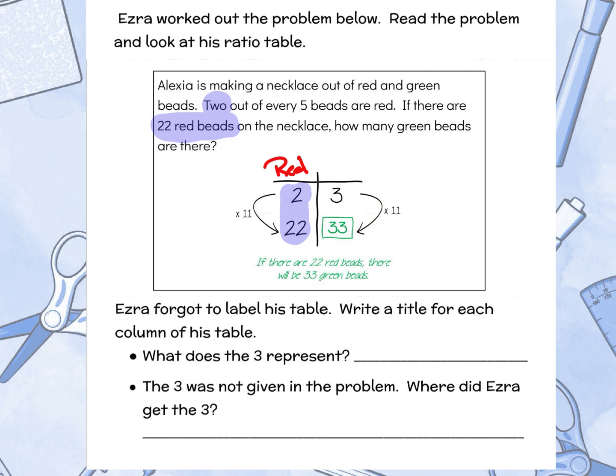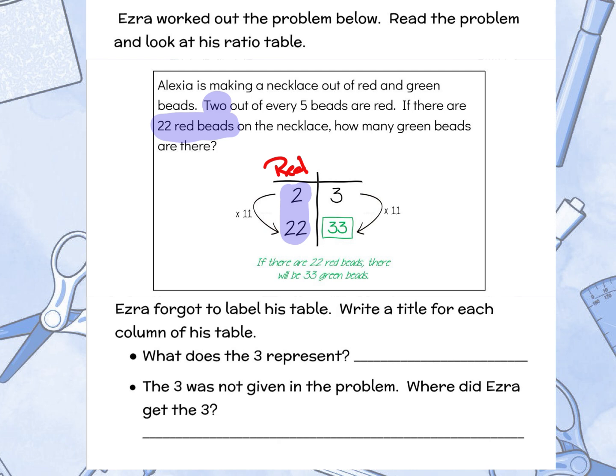Okay, now let's look at the other numbers. We have 3 and 33. Where did the 3 come from? What is 3 describing? And what is 33 describing? Okay, we don't see the 33 in the problem, right? Because that's the answer. But if we look at his answer, we see that he has labeled his answer completely, right?